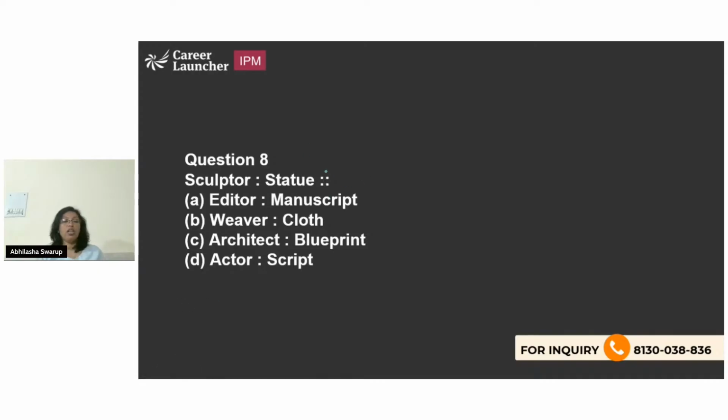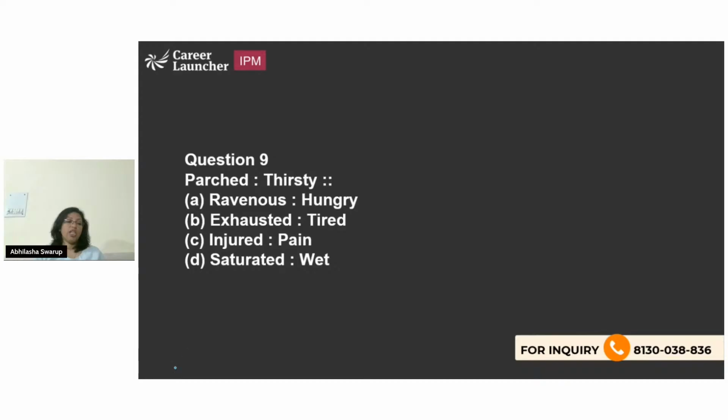The sculptor makes a statue. The architect makes a blueprint. Okay. The actor does not make a script. The weaver weaves a cloth. Editor edits a manuscript. So therefore, architect and blueprint. That's his work. Parched and thirsty is a difference of degrees.